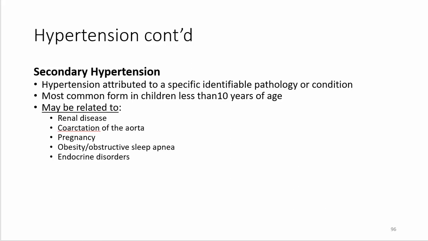Coarctation of the aorta, so that's a congenital problem around the ductus arteriosus, where there's a narrowing, and so that will lead to hypertension to try and overcome that coarctation. Pregnancy can lead to a secondary hypertension, and it actually can be quite scary. Obesity, sleep apnea, things like that.